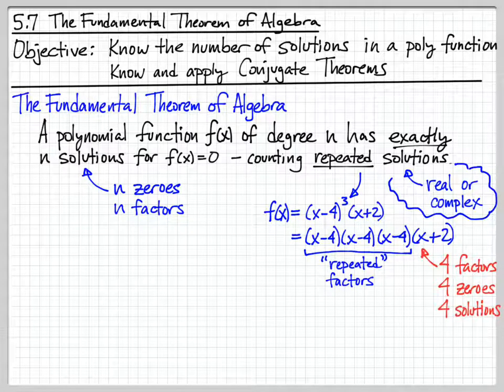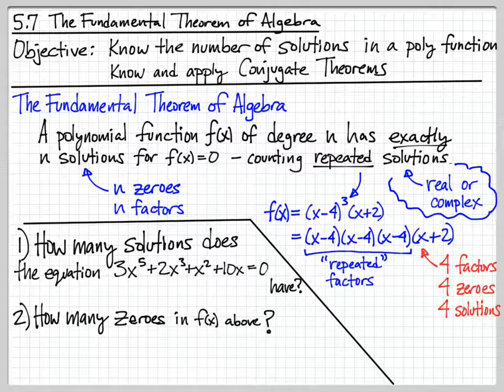All these zeros are at x equals 4. So we have 3 zeros at x is equal to 4 and 1 zero at x is equal to negative 2. Altogether, 4 factors, 4 zeros, 4 solutions for this polynomial function.